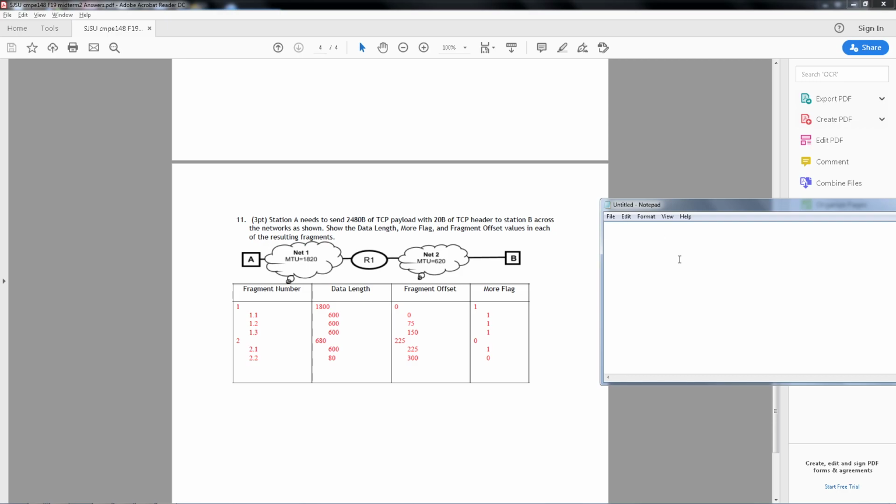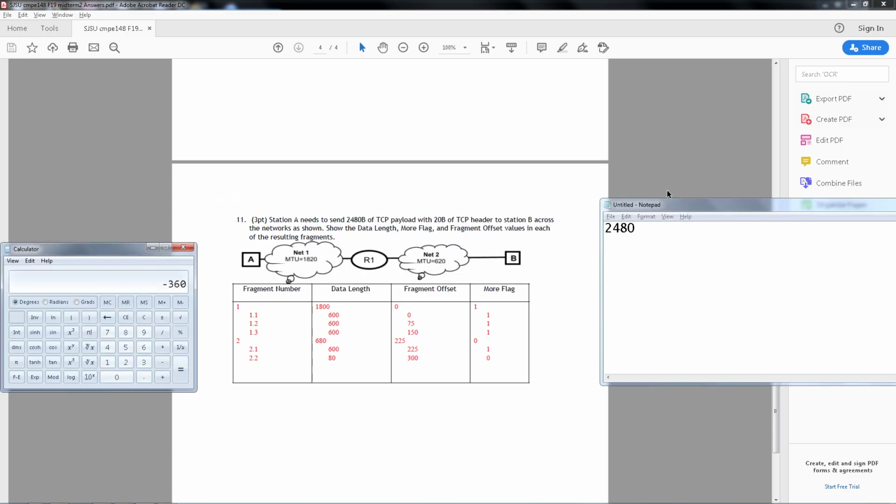So if we just do 2480, and then give me that calculator. 2480 divided by 1820, or because I'm not including the header, I removed 20 bytes there. I am looking at approximately 1.37 complete fragments, right? So what on earth does that mean?